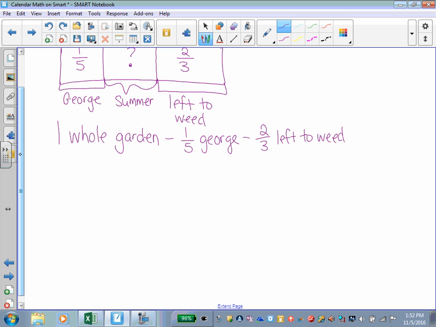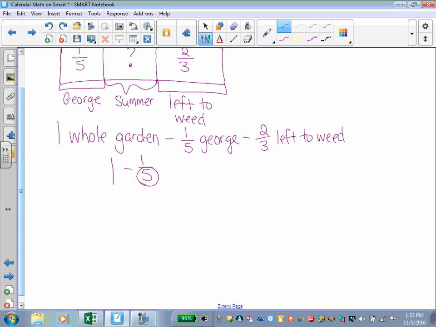Alright, well, how can I take away 1/5 from one whole? What needs to be done in order for you to subtract fractions? You have to have that common denominator. So, writing it out just with numbers, you have 1 minus 1/5. When you have a fraction that's being subtracted from a whole number, you can just look at the denominator that is already there.